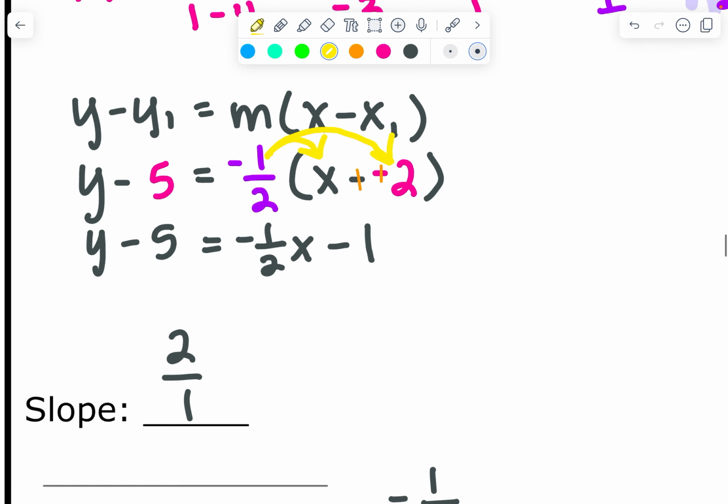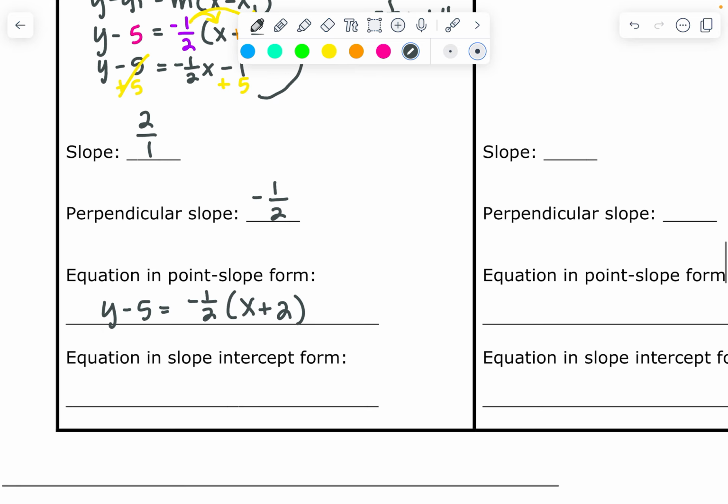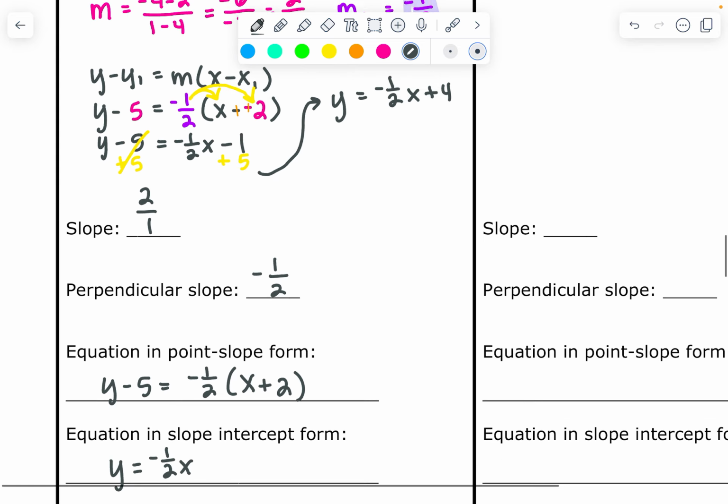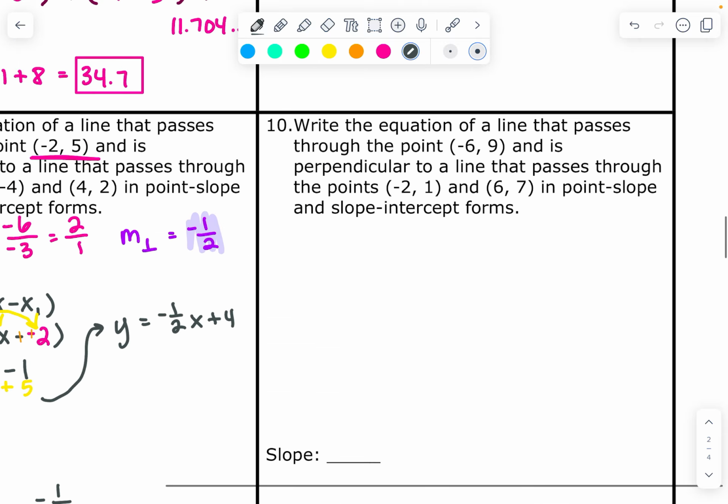Last thing we're going to do is add 5 to both sides. And that will give us y by itself equals -1/2 x plus 4. So y equals -1/2 x plus 4 is the slope intercept form. Go ahead and try number 10.